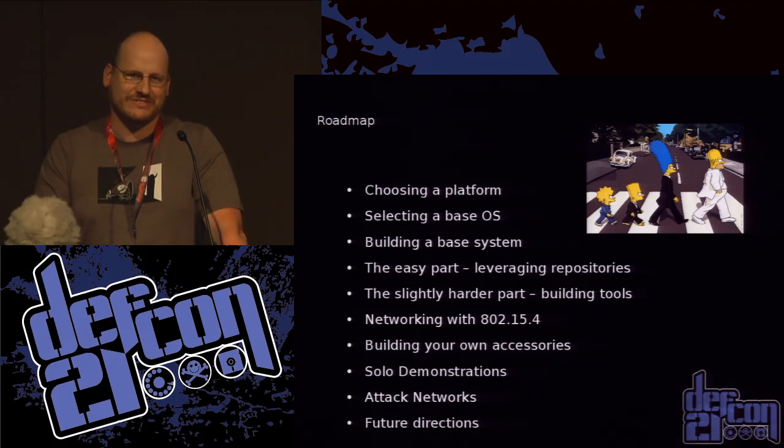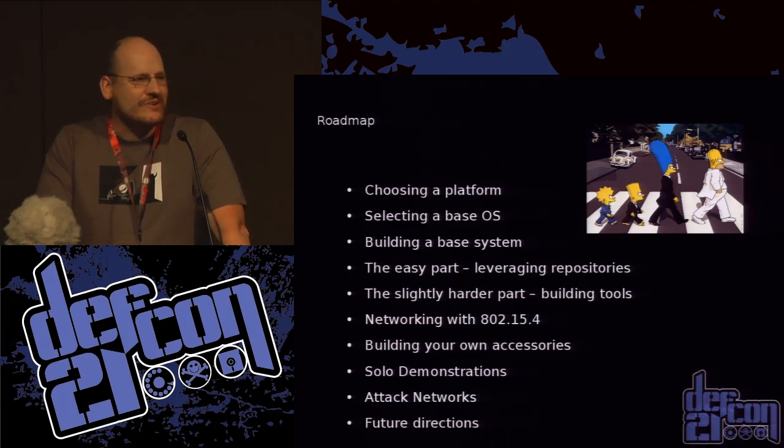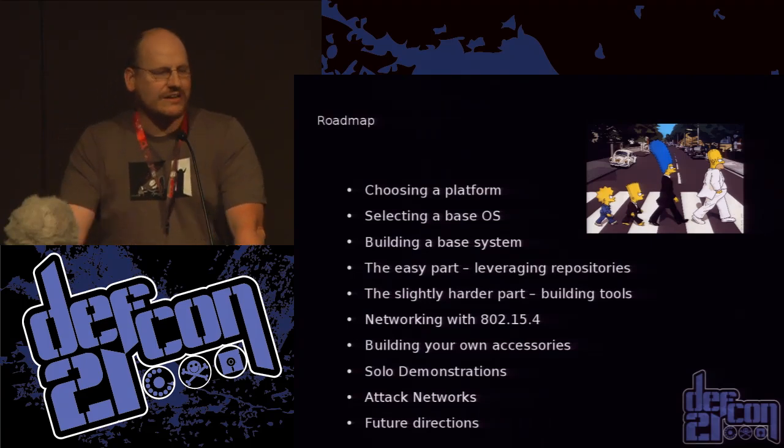How do you go about building stuff for a little ARM-based device? Then I'll move into networking with 802.15.4 or XBee networks and talk to you guys a little bit about that. Talk about how you can build your own stuff. And I'll have some demonstrations.